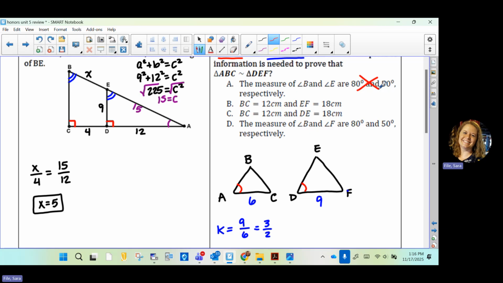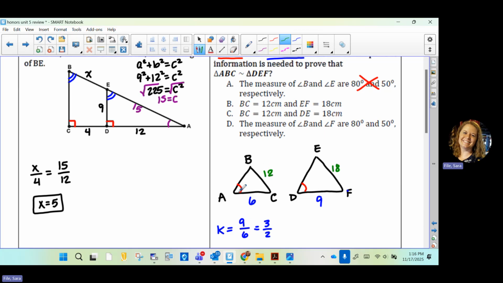Okay, then it says BC is 12 and EF is 18. Now, even if that's the right scale factor, which it is, that's 3 halves, that is not side angle side. Do you see how the two sides that are proportional, the angle that I know is congruent is not in between those two sides, is it?